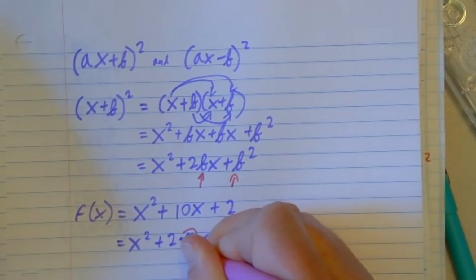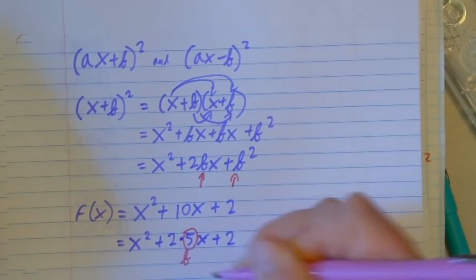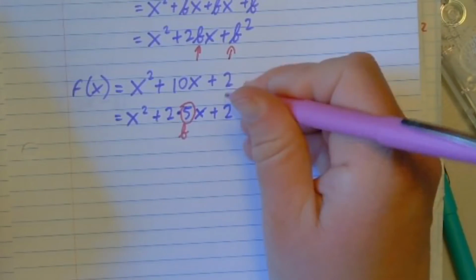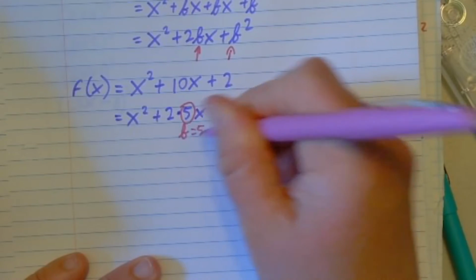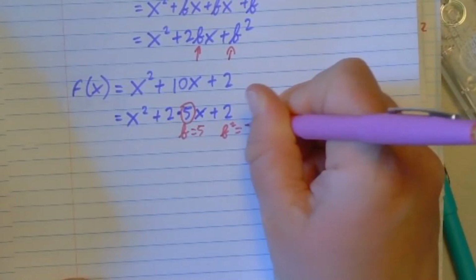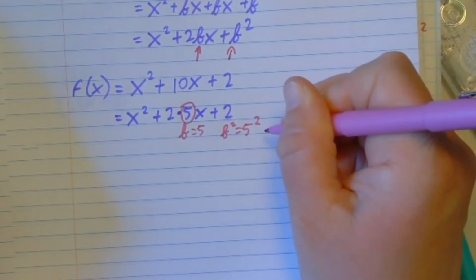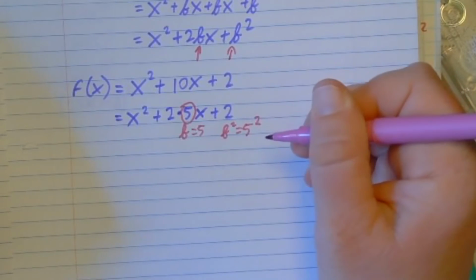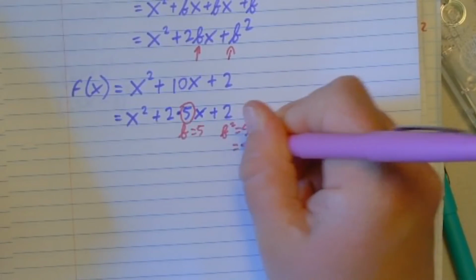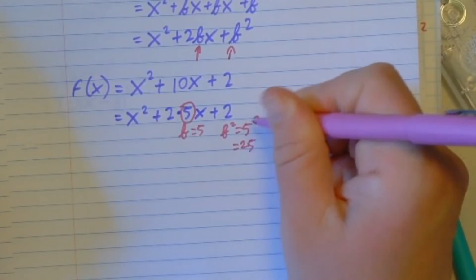I know that b is 5. So if b is 5, b squared would be 5 squared. So 5 squared is 25. I know I need 25 here.